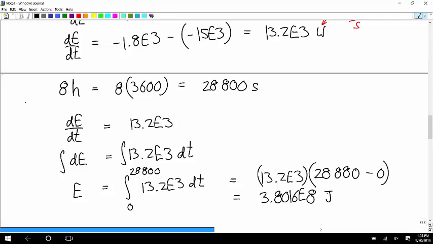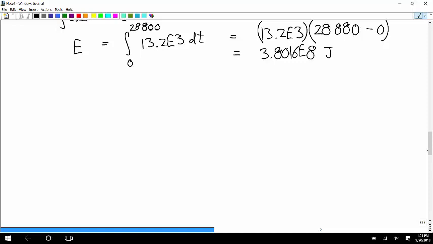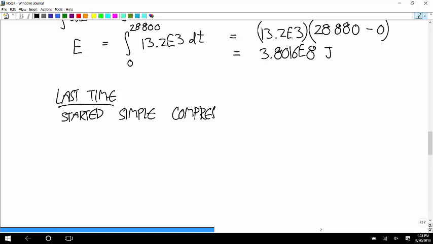So last time we started talking about simple compressible substances. Last time we started this process. And one of the ways that we're going to get property values for simple compressible substances is from property tables.